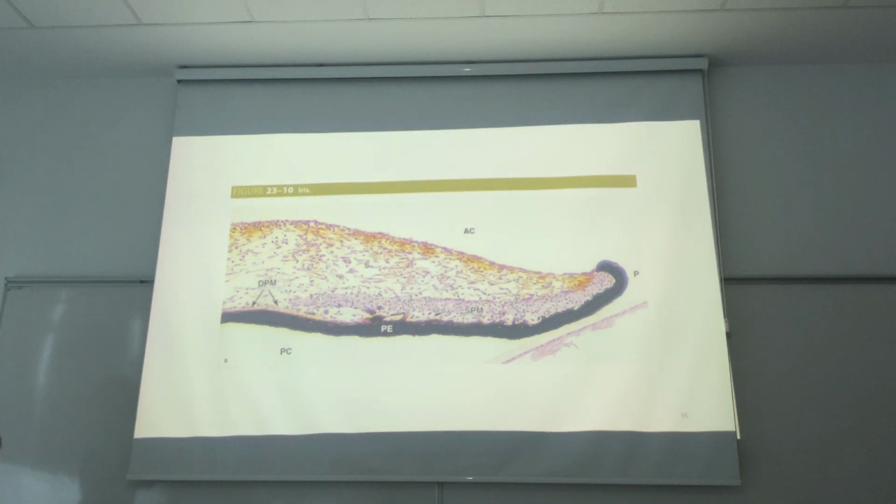In the iris, we also have two distinct layers of smooth muscle cells: the sphincter pupillae muscle and the dilator pupillae muscle. This is our sphincter pupillae muscle and this is our dilator pupillae muscle.